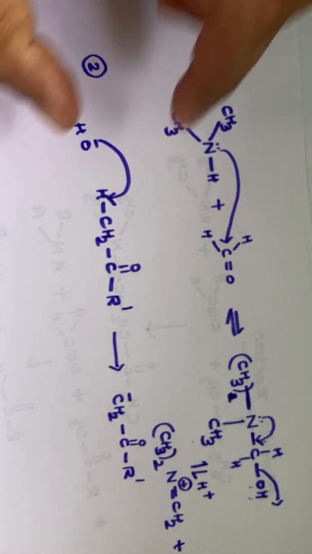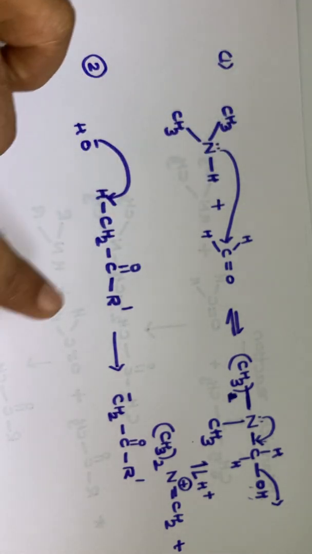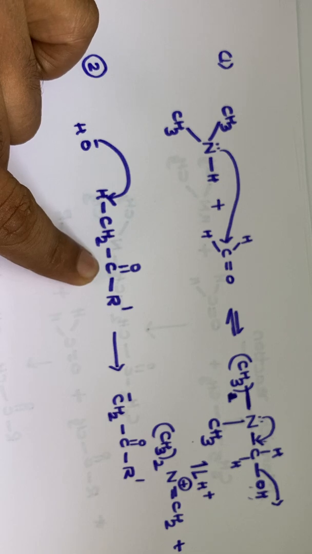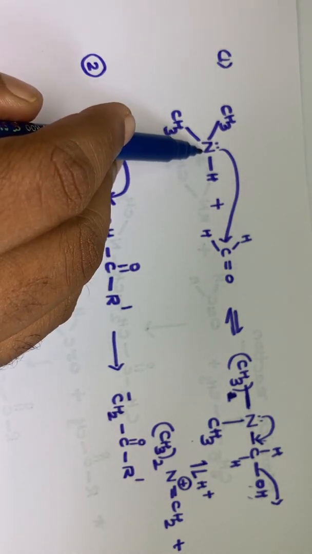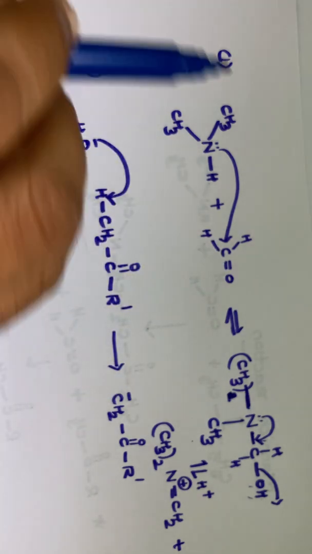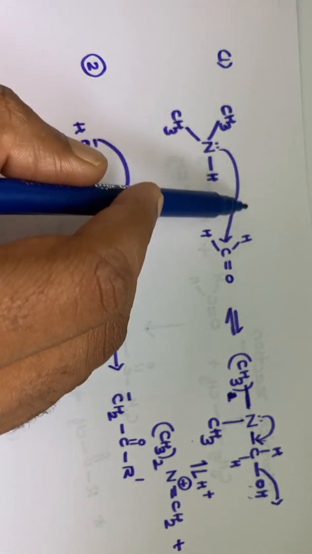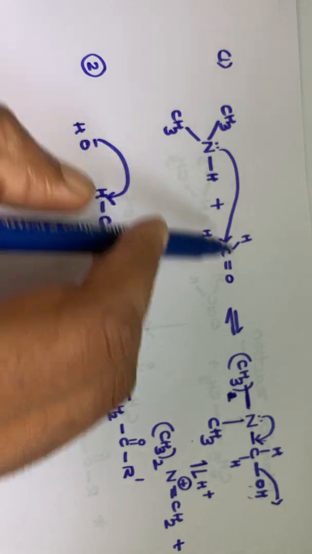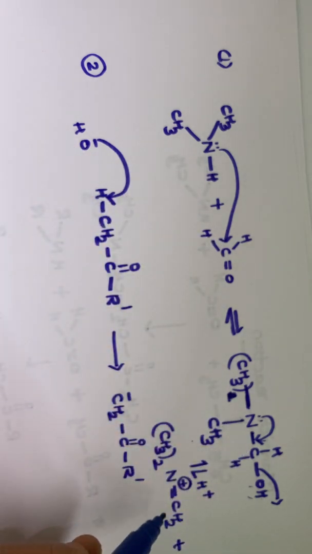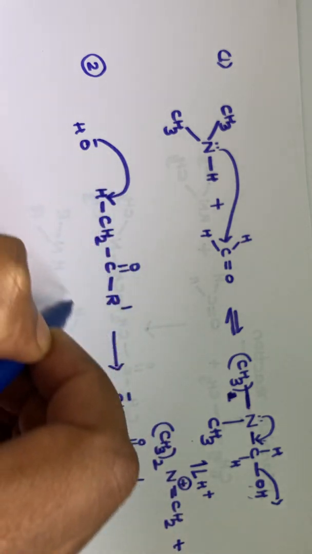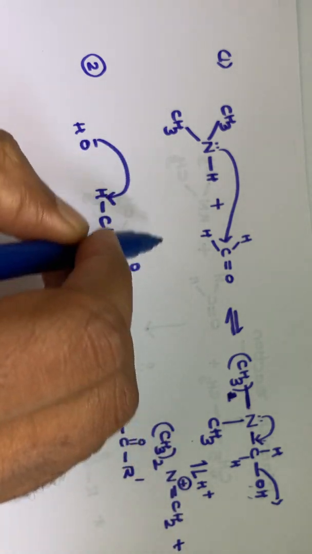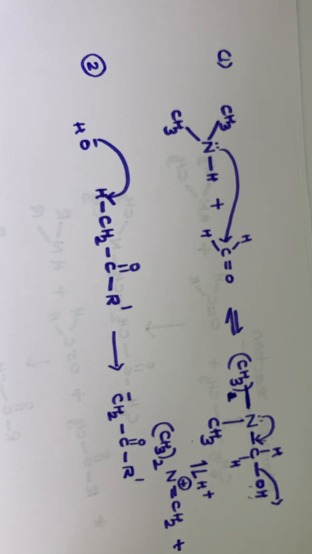You are mixing three reactants here. One is an aldehyde or a ketone containing alpha hydrogen, then you have a secondary amine, and then formaldehyde. First, a reaction between amine and aldehyde takes place, resulting in the formation of an iminium cation. Whatever ketone or aldehyde part you have used loses a proton, resulting in the formation of a carbanion.